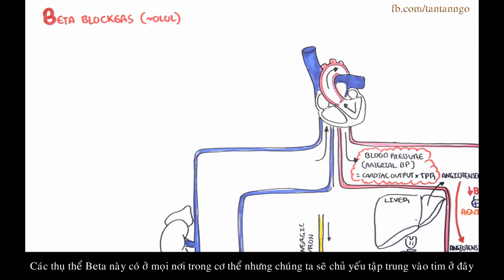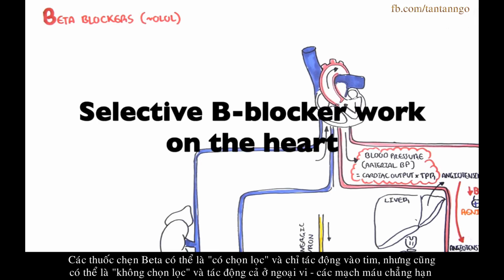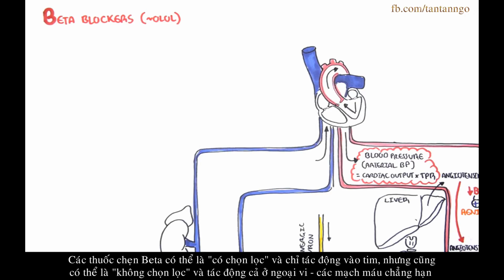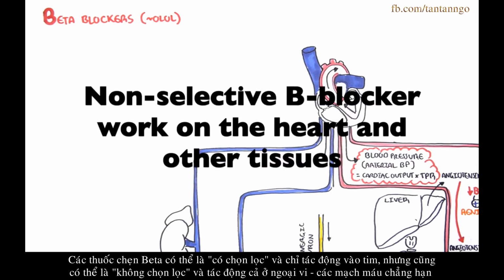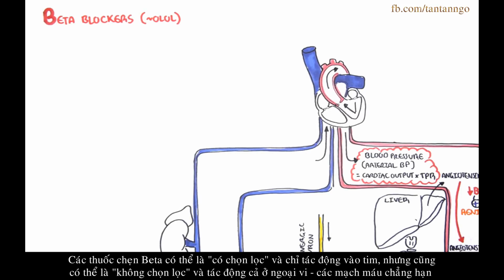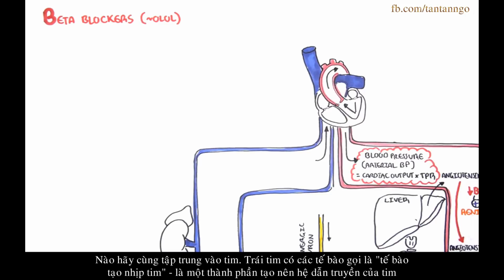So there are beta receptors everywhere in the body. We will mainly concentrate on the heart here. Beta blockers can be selective and work specifically on the heart, or beta blockers can be non-selective and work on the periphery too, such as the blood vessels. But let's focus on the heart.